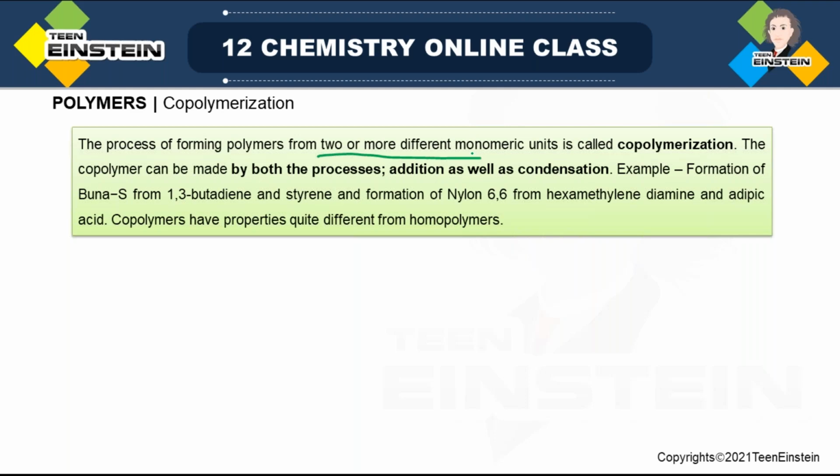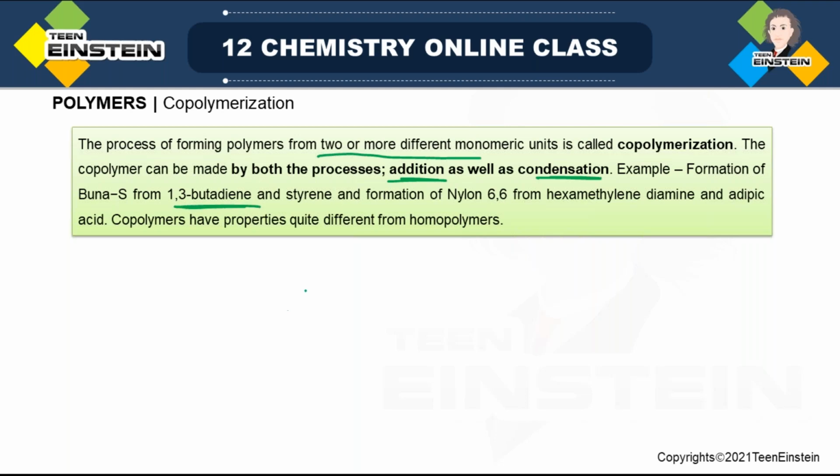Now copolymerization you can do by both addition or condensation, because we know two types of mechanisms are there. In condensation, a small molecule is removed. In addition, there is a change in the position of the C=C double bonds. Both of these you can apply for copolymerization. As an example, the formation of Buna-S we have just seen.